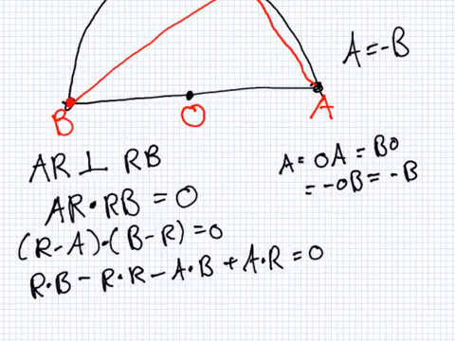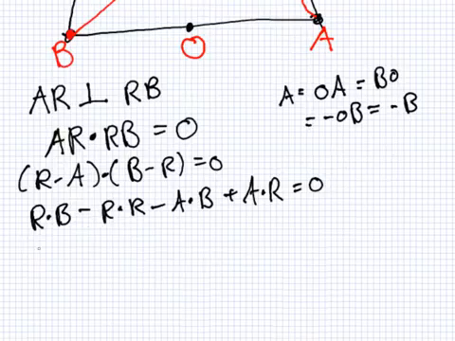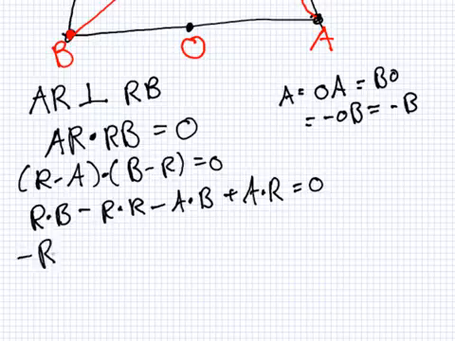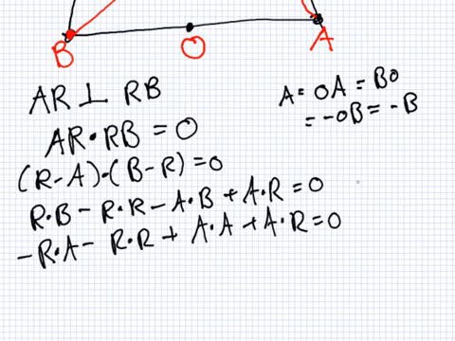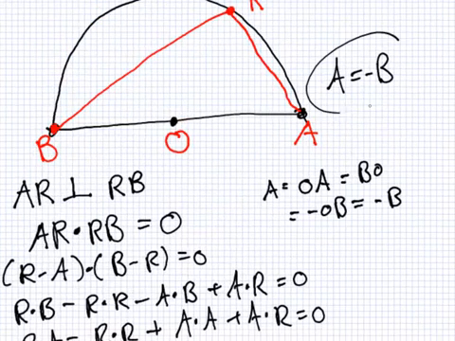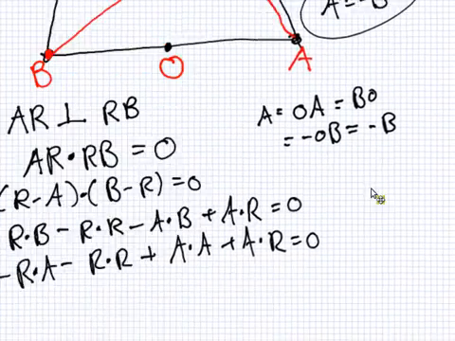So we can change the B's into minus A's. So here we get minus R dot A, minus R dot R, plus A dot A, plus A dot R equals 0, by using the result A equals minus B.